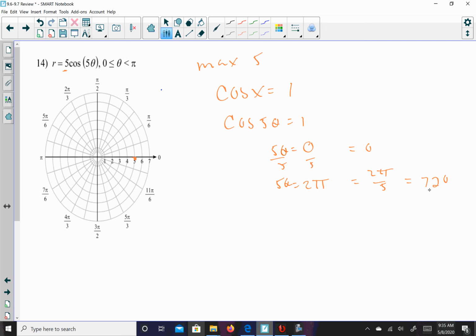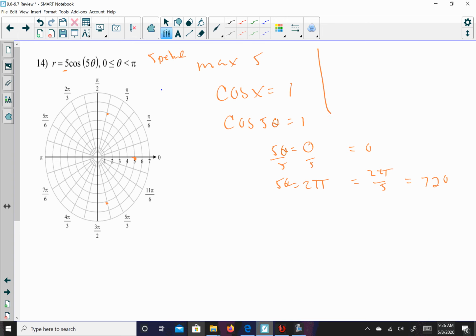Then 1 is going to be at 72 degrees, which, this is 30, this is 60, 72 would be about here. And then, so 1, 2, 3, 4, 5. And then I can mirror that down here. So 2, 3, 4, 5. And I know there's 5 petals. I don't know if I said that before, but there are 5 petals.